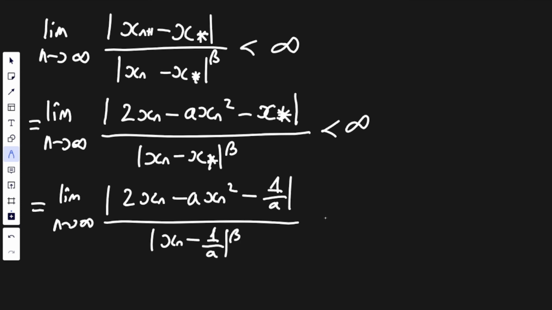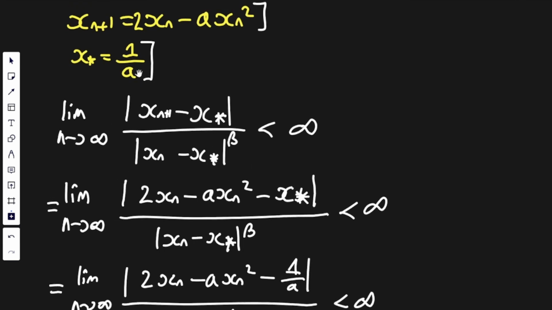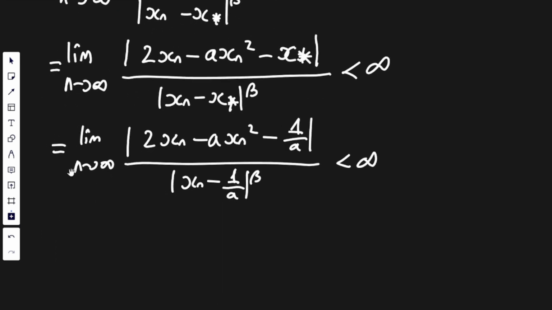Now, quite interesting in that 1 over a is actually a factor. 1 over a is actually a root of the top expression. Why is it so? Well, remember, as n goes to infinity, we're expecting that it's going to be a limit, i.e. if I was to put x star into the top expression up here, we should get that it all cancels out.